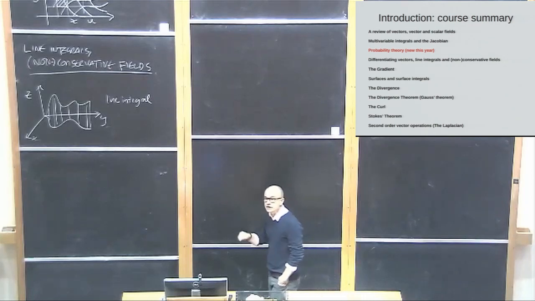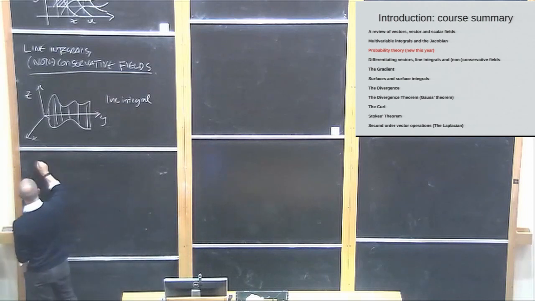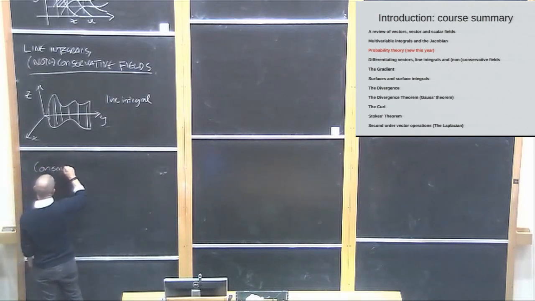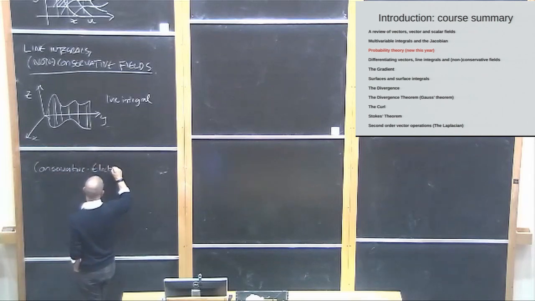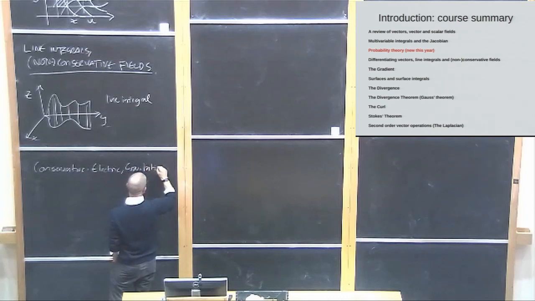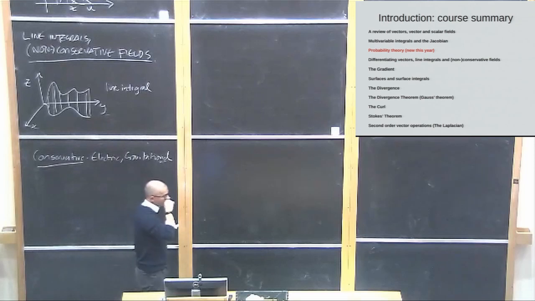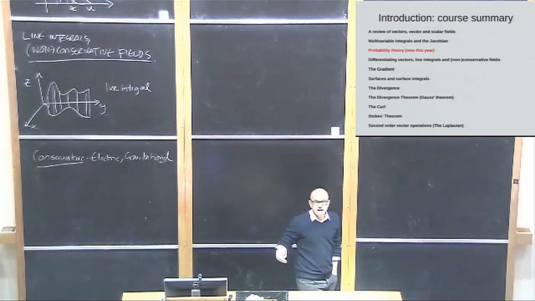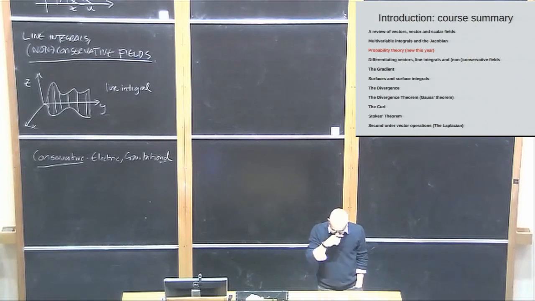The electric field and the gravitational field are examples of conservative fields. And we will understand how to tell whether or not a field is conservative or non-conservative.